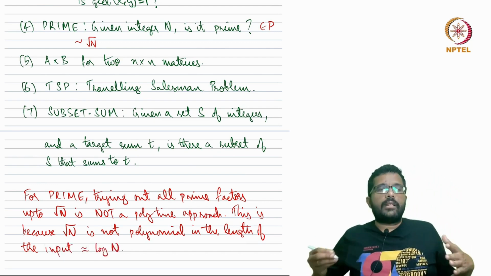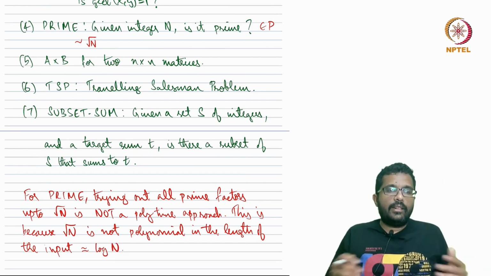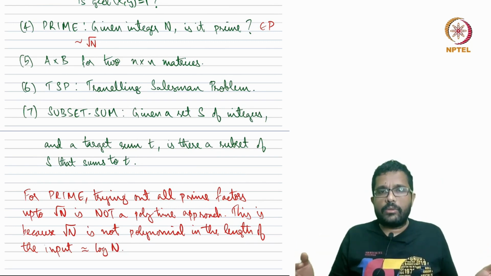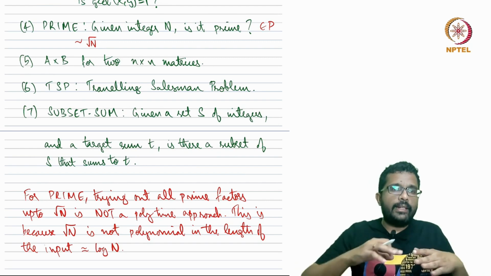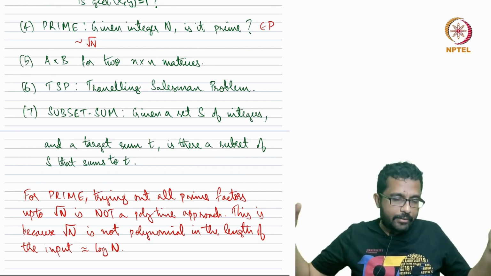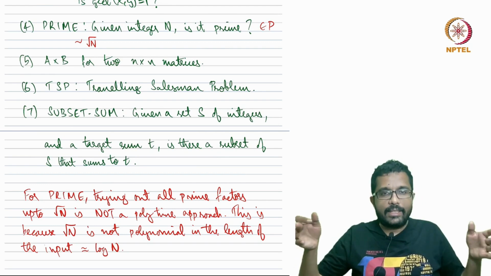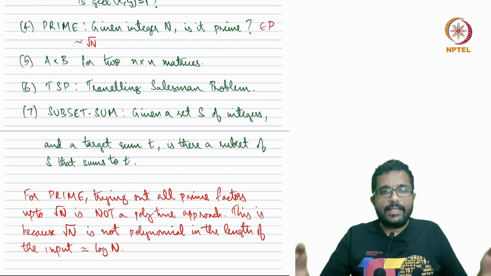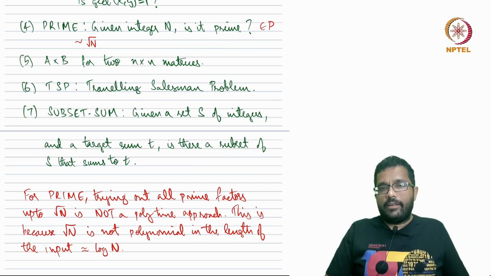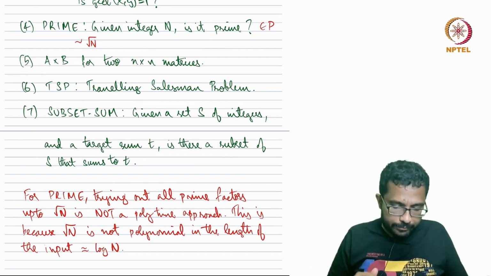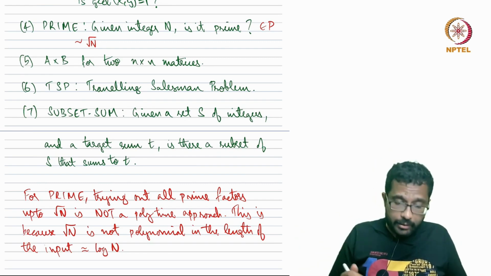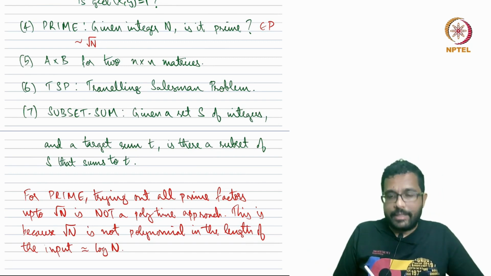So if you have a number, let's say 100, it takes 7 bits to write down that number. So the length of the input is not 100. The input is 100, but the length is just log of 100. So in terms of the length of the input, square root n is actually exponential time, right?